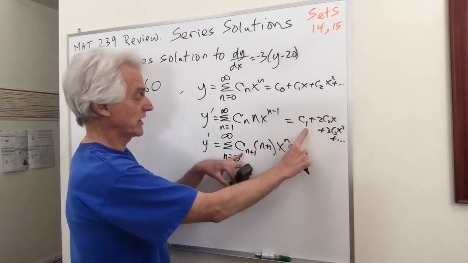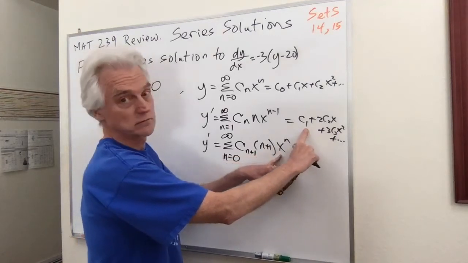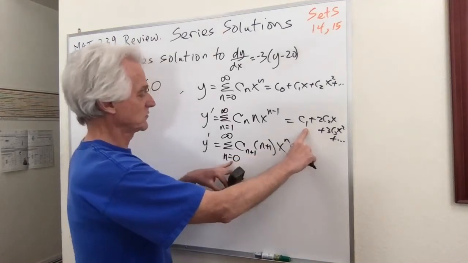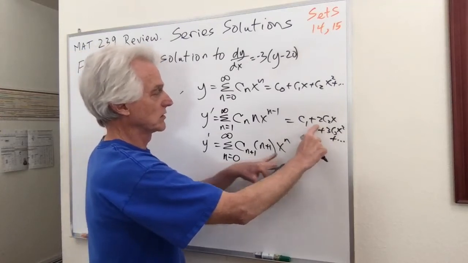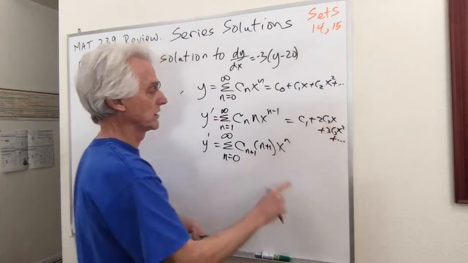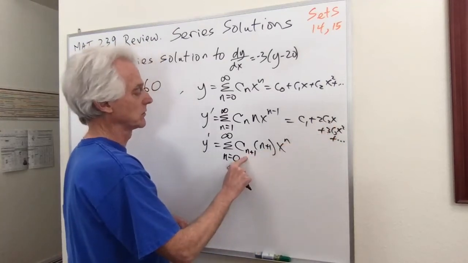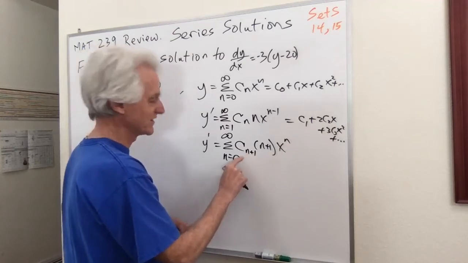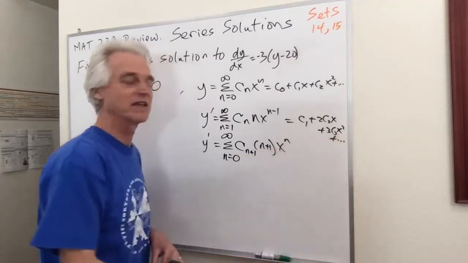When n equals 0, I get c sub 1 times x to the 0, which is 1. When n is 1, I get c sub 2 times x to the 1. When n is 2, I get c3 times x squared. I get them all the same.